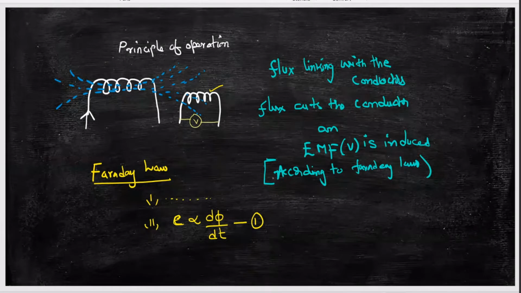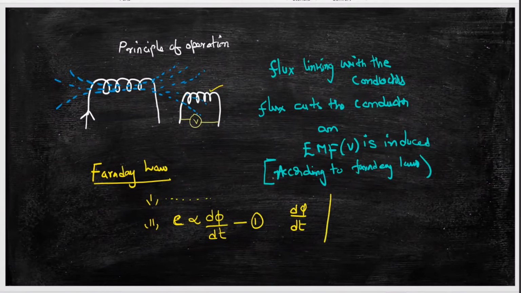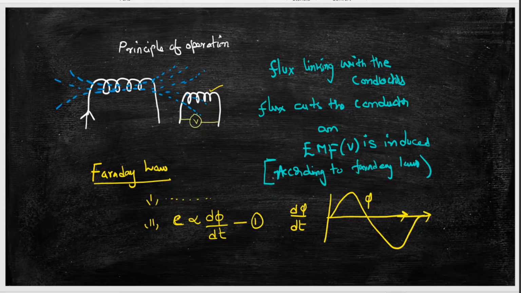Generally, we call d phi by dt the rate of change of flux with respect to time. Suppose your flux is like this, and this is your time. The flux is varying with respect to time. So the EMF induced in the conductor will depend upon the rate at which this flux is varying.